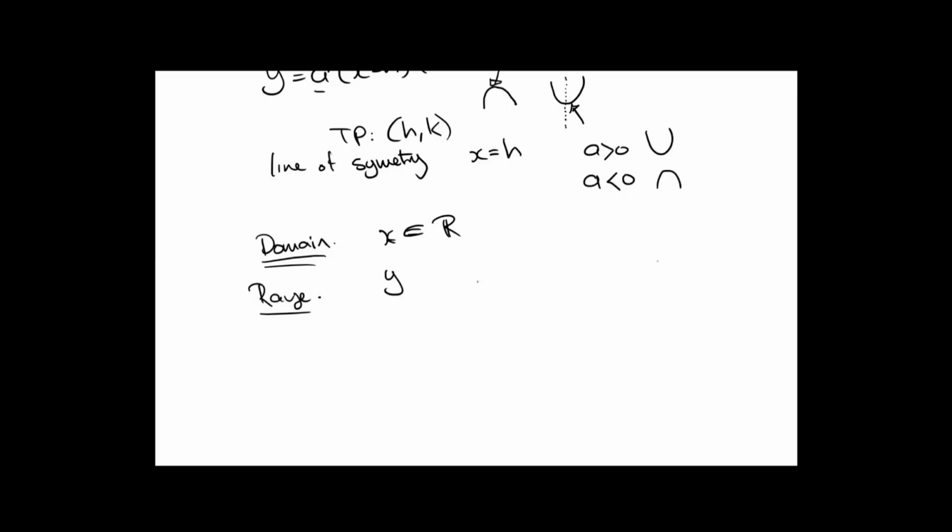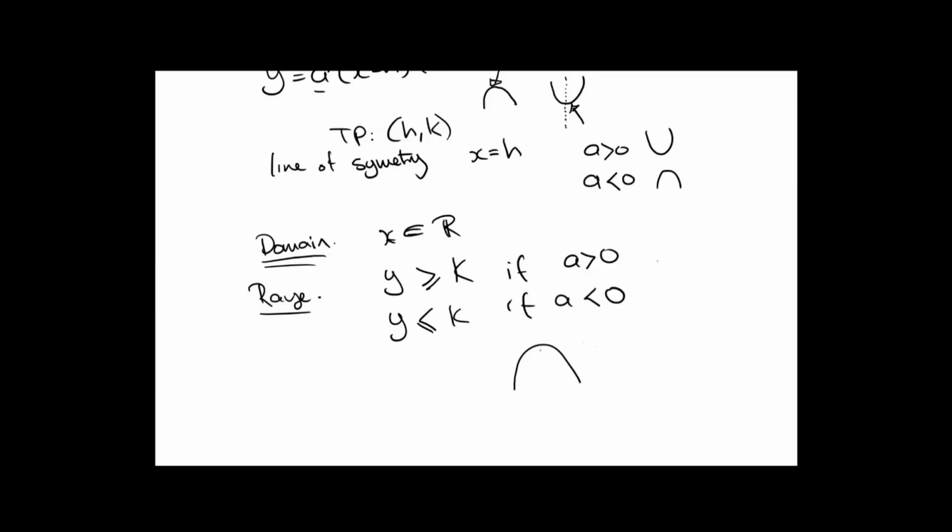That's going to be y greater than or equal to k if a is greater than 0, and y less than or equal to k if a is less than 0. So we have a less than 0 here.